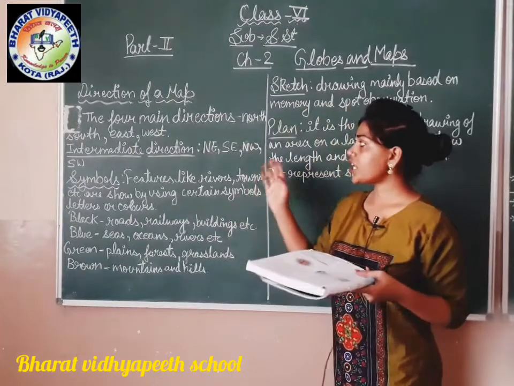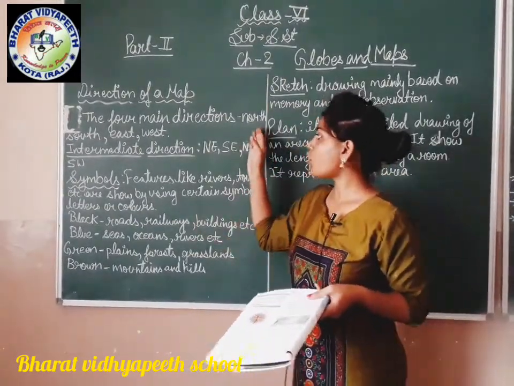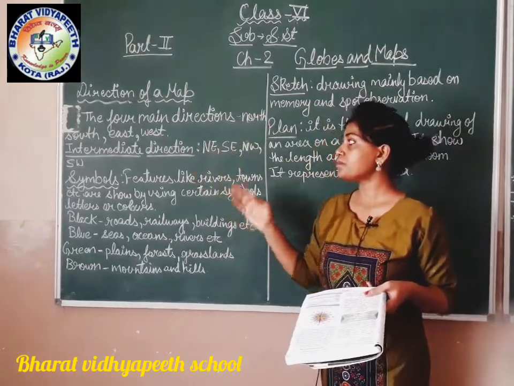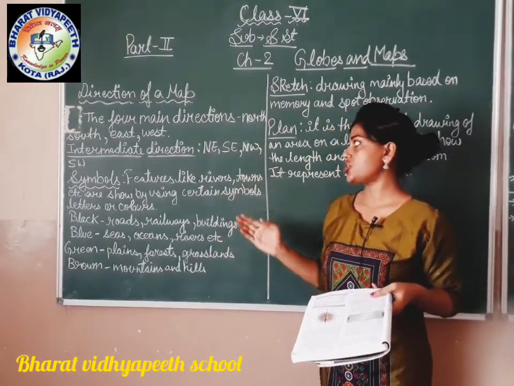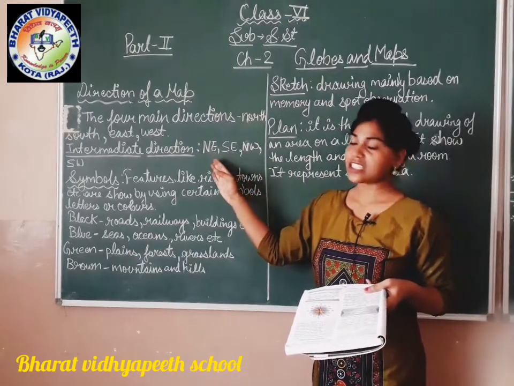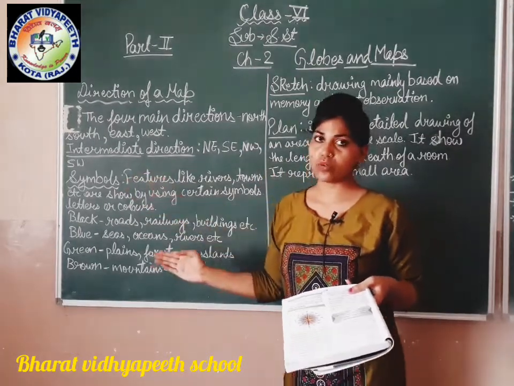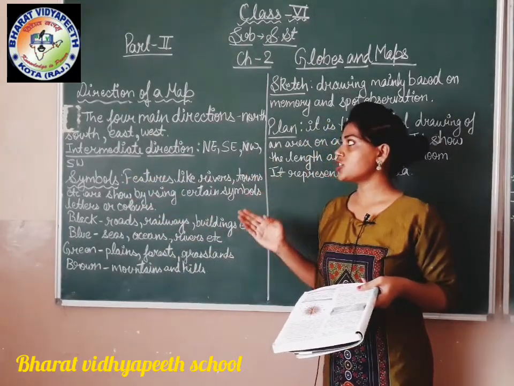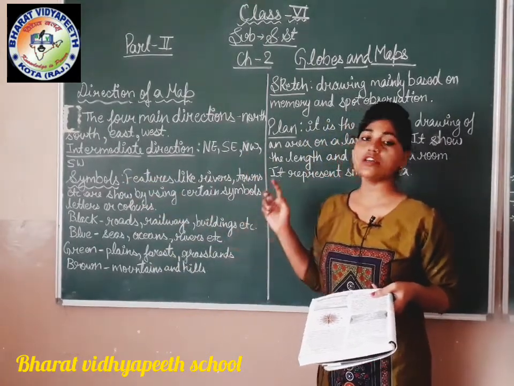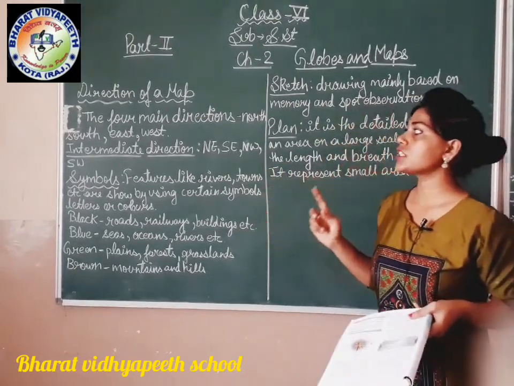Other than these four directions, there are some intermediate directions, like northeast, southeast, northwest and southwest. These four intermediate directions are found in between the main four major directions of north, south, east and west.